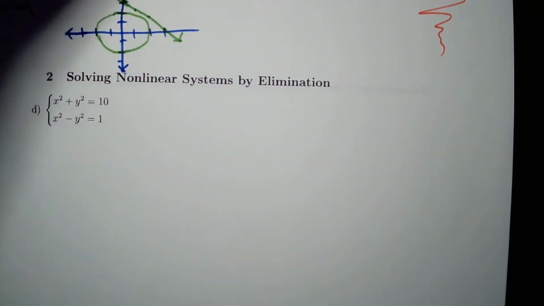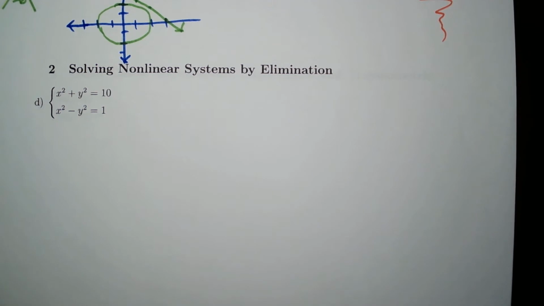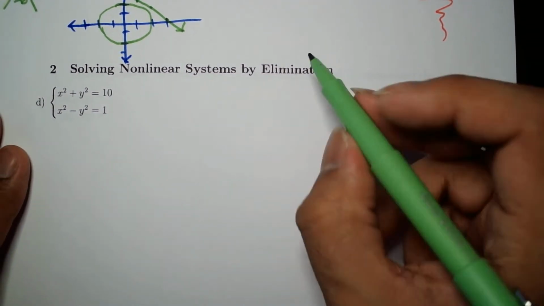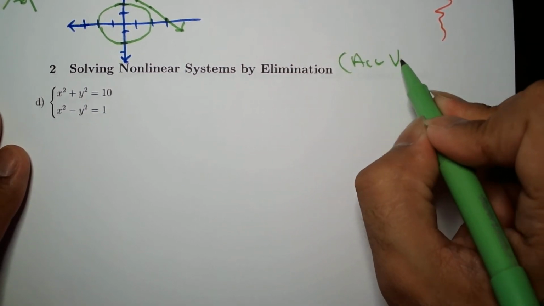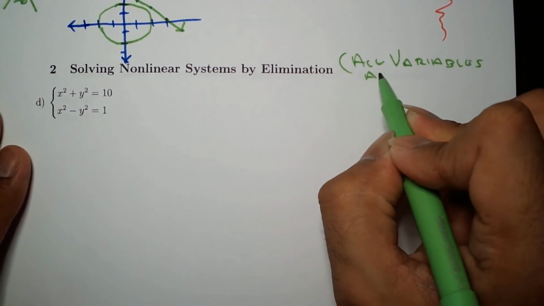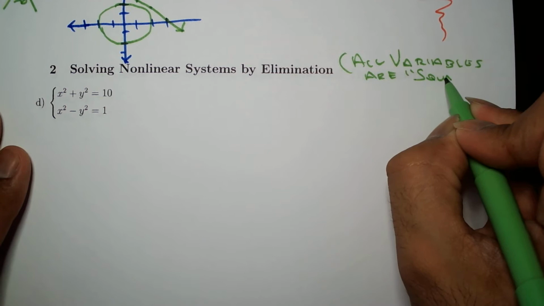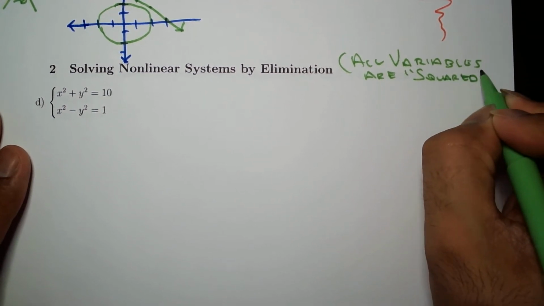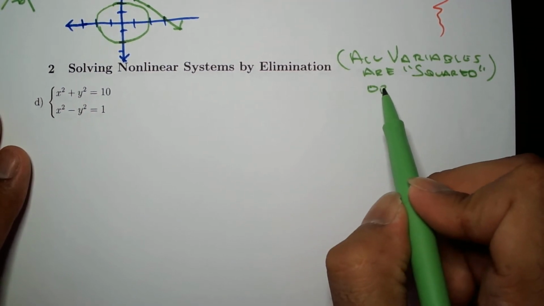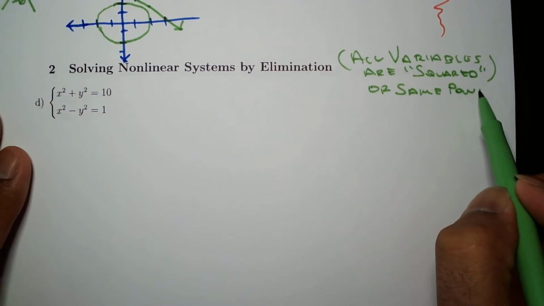All right, let's do a couple of examples using elimination. Elimination, we use that method when all variables are typically squared, but it also works for all variables being the same power.